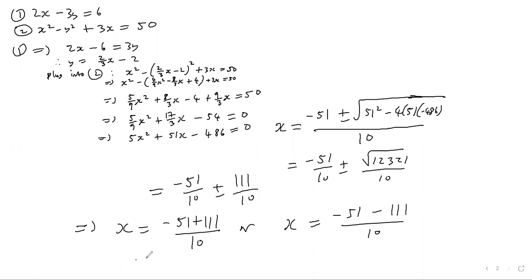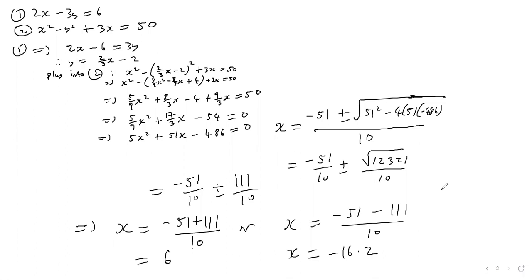If we work those two values out, 111 take away 51 gives us 60. 60 divided by 10 is just 6, so x equals 6 is one of them. And then this second solution, negative 51 take away 111 divided by 10, gives negative 16.2.